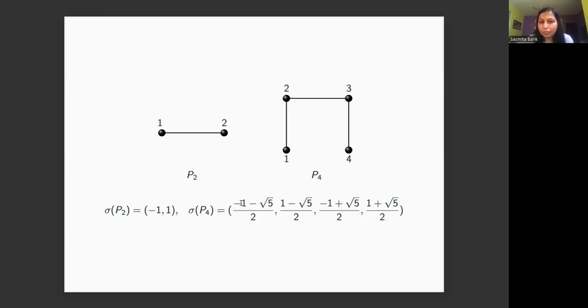Similarly, the number -1 minus root 5 by 2 is there, and its reciprocal, 1 minus root 5 by 2, is also present here. So in this case, if one eigenvalue is there, its reciprocal is also present. Similarly, here also it's happening: 1 is there, and the reciprocal of 1 is also 1, which is present. And -1 is there, its reciprocal is -1, which is also present here.